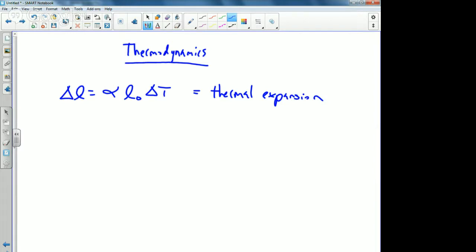Now it depends on what you really need to solve for, but the most important note, what I mentioned before, is that delta L is directly proportional to delta T. What is delta L? Change in length. Meaning that if you have double the delta T, you have double the delta L. Triple the delta T, triple the delta L. So I'm not going to go too much more into it, but just understand that those two are directly proportional to each other.